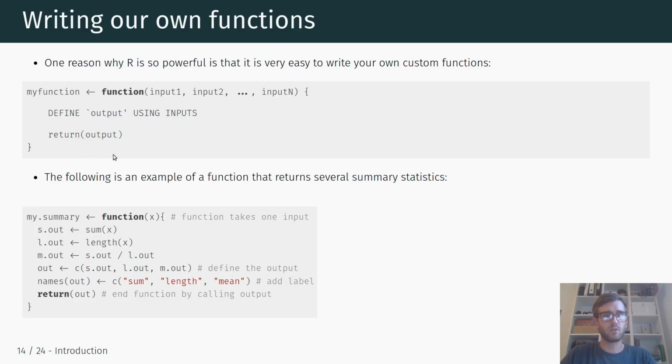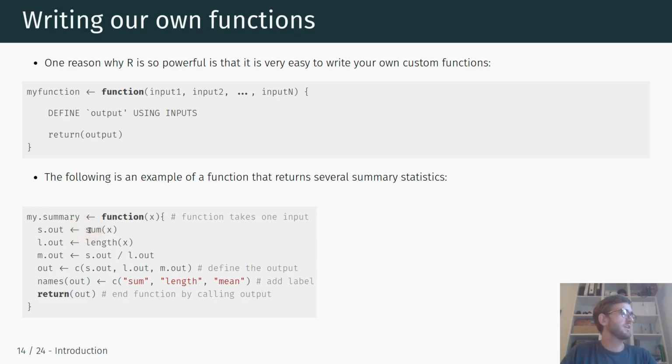To give you a more concrete example, here's a custom function that returns several summary statistics based on one single input. So we call this function my.summary right here. This has one input. We call this input x. Now within that function, we can refer to whatever input is passed to that function as x.